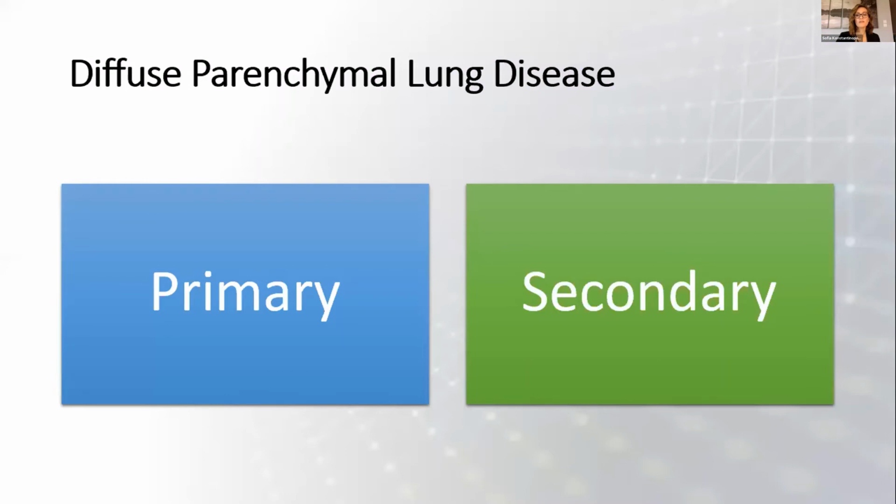Secondary causes are things that we can actually acknowledge and address, as these secondary reasons leading to diffuse parenchymal lung disease can be either a combination of things or contributing factors. In this group, we have obviously bronchopulmonary dysplasia, so chronic lung disease of prematurity. It could be infection or post-infection complications. It could be cardiac and pulmonary vascular disease. It could be chronic aspiration.